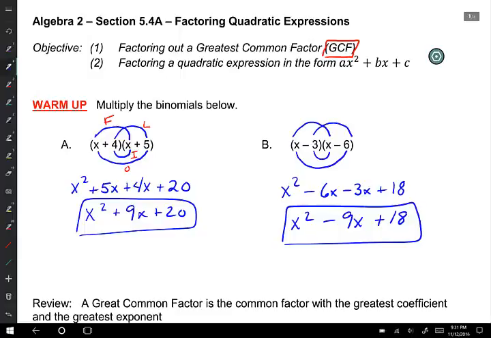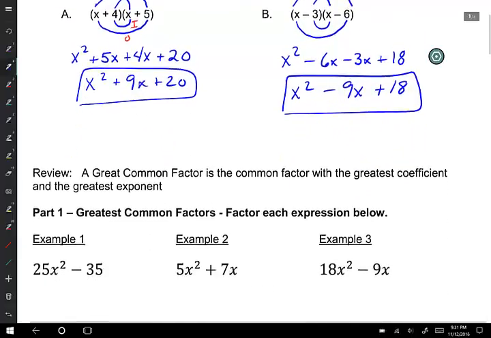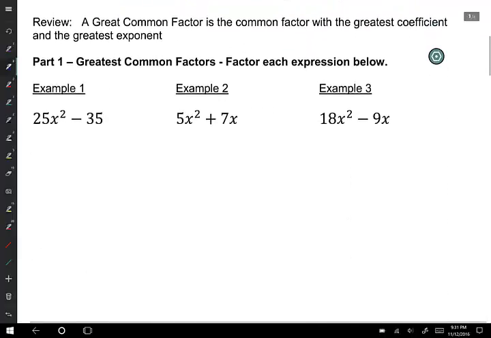That's going to be kind of a kickoff to get our minds thinking of multiplying to get a trinomial, and then the reverse method today, which is called factoring. All right, let's look down to our greatest common factor idea. Greatest common factors involve finding the largest number and variable with the largest exponent that will go into both parts of the problem.